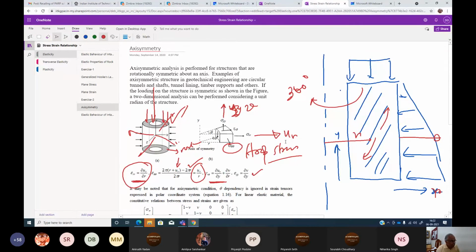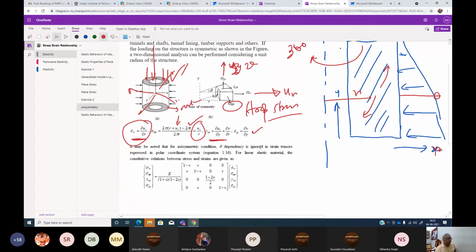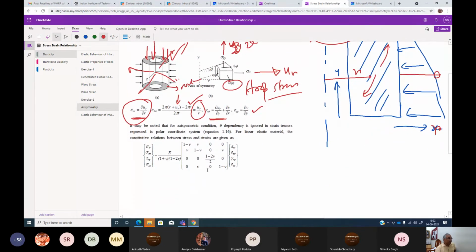So the strain definition becomes a little different than plane strain, as you can see, but the constitutive matrix remains the same as plane strain. Okay. So now here the stresses are also sigma rr, sigma theta theta, tau r theta, and sigma yy.